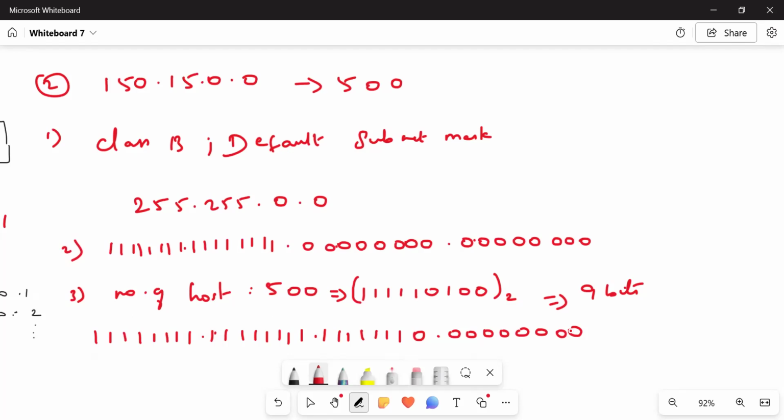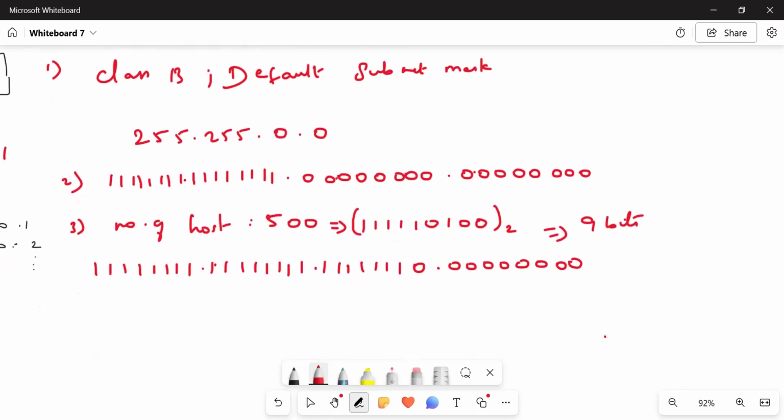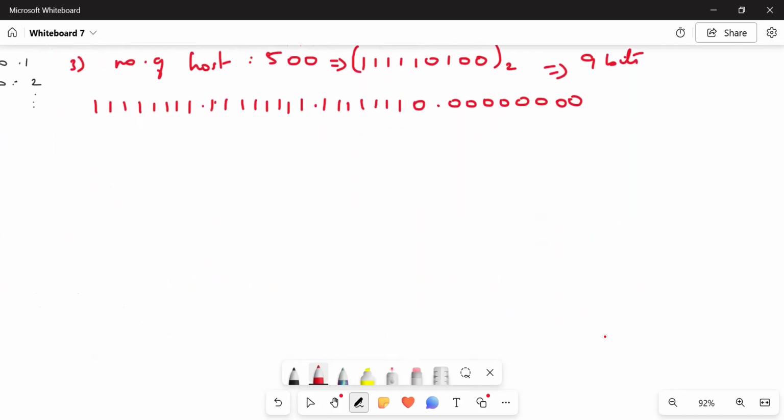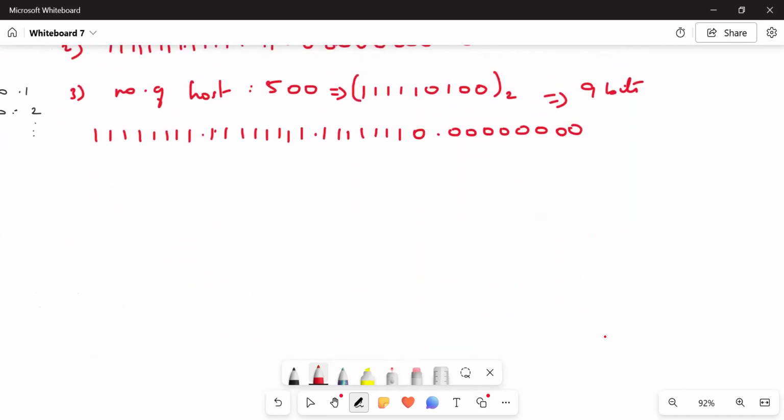Okay. So now, how to find the new subnet mask? 9 bits we are reserving. The first one encountering position starts from 2 power 0, 2 power 1. 2 power 1 value is 2. So the subnet generator is 2.